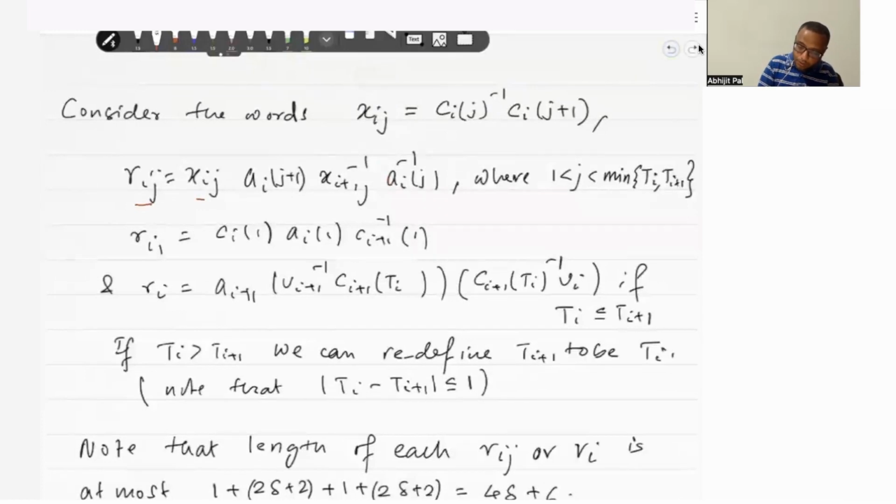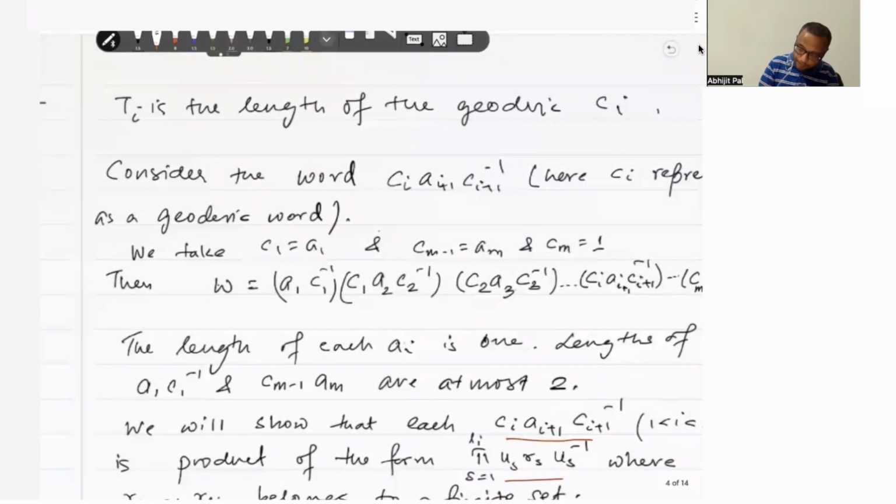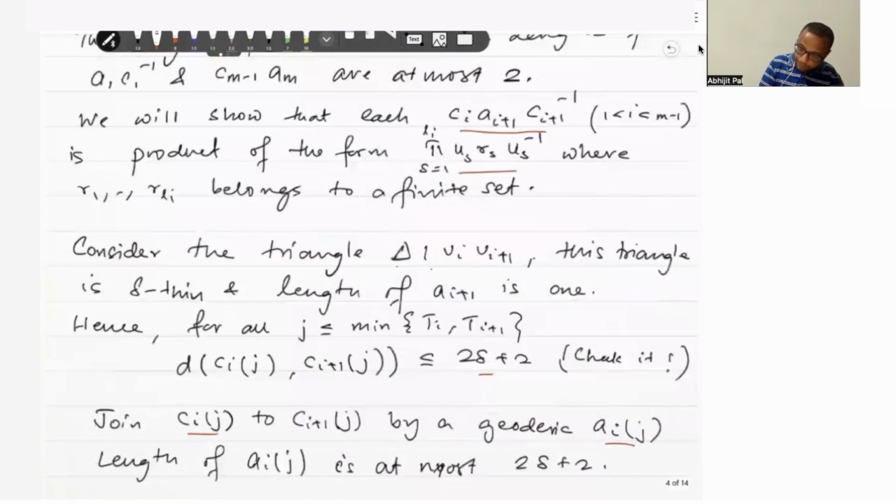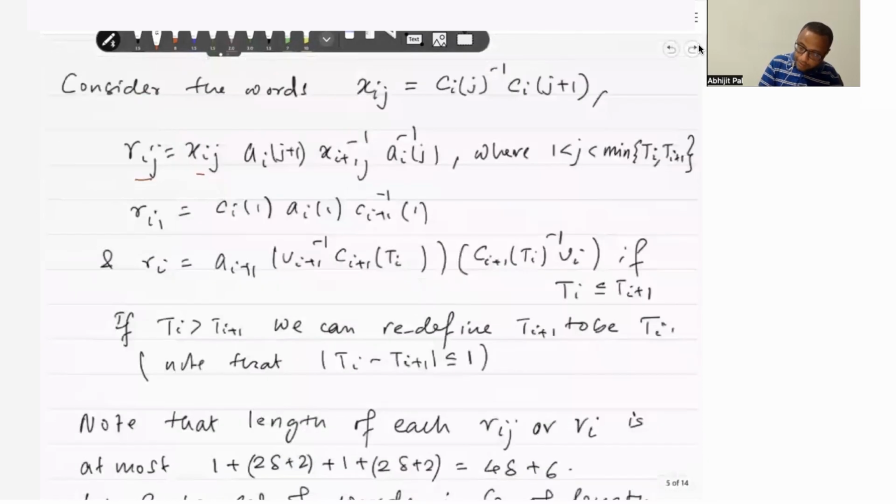Okay. So what we have done, let us go back to this picture. So this geodesic is labeled by Xij. That is labeled by Xij from here. And what is my Rij?